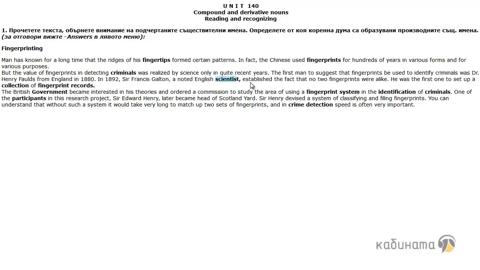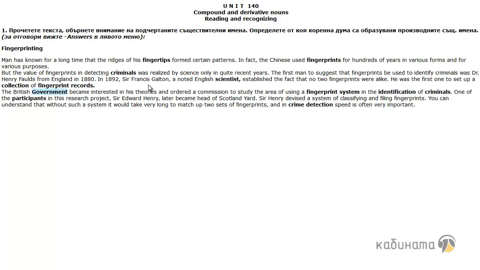It's a derivative noun. It comes from science, scientist. Well, this is someone who is dealing with science. Also, collect is the verb, and we have a collection. Adding here ion. This is the suffix that we add.